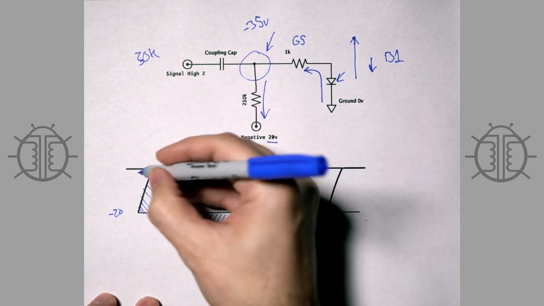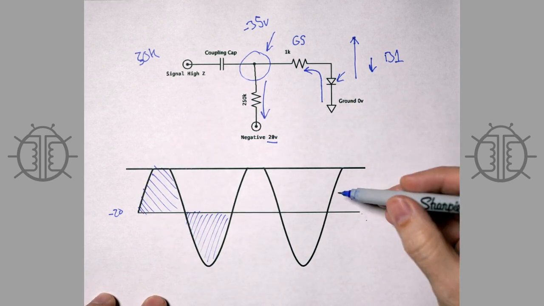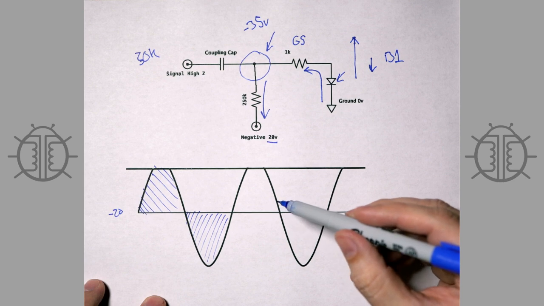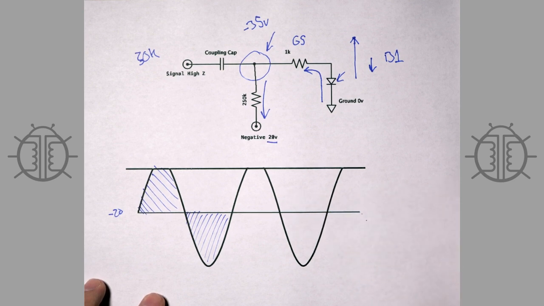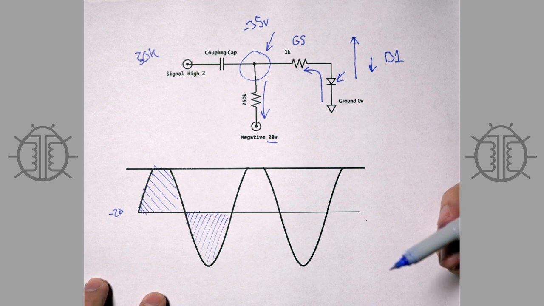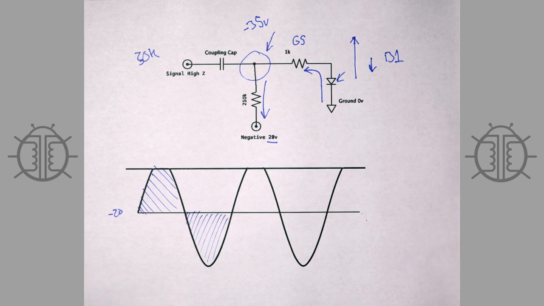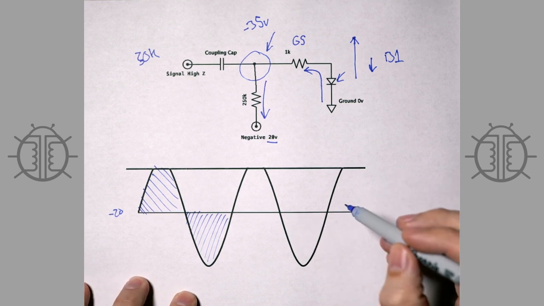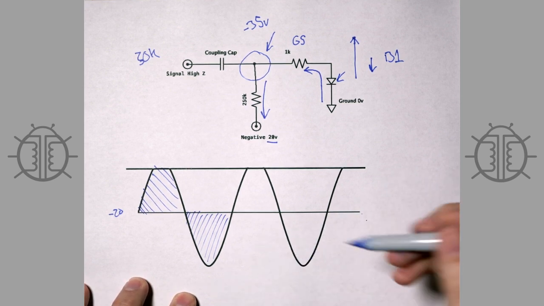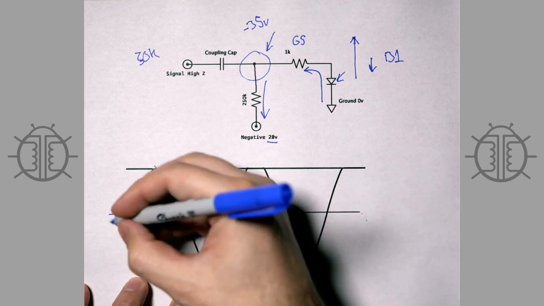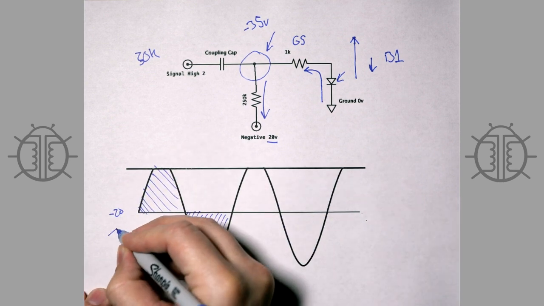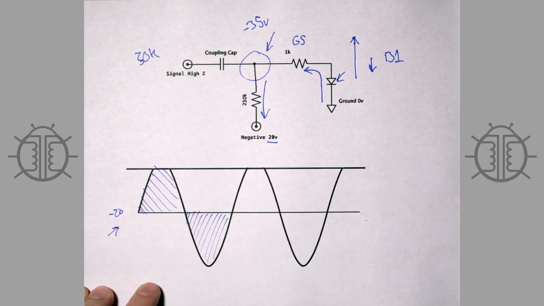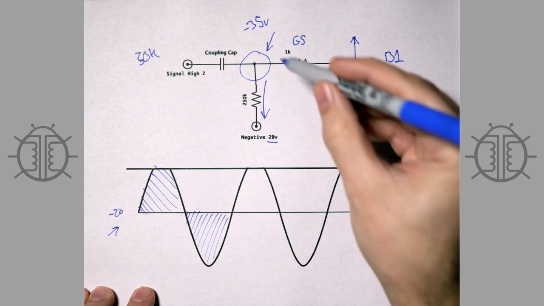Also, you'll notice that when you clip off one side of the waveform, you've sort of created a not very good half-wave rectifier. And as rectifiers do, they create DC, and so this is half-wave rectifying a little bit, negatively rectifying into negative DC, and that negative DC adds to the average negative voltage of this network.